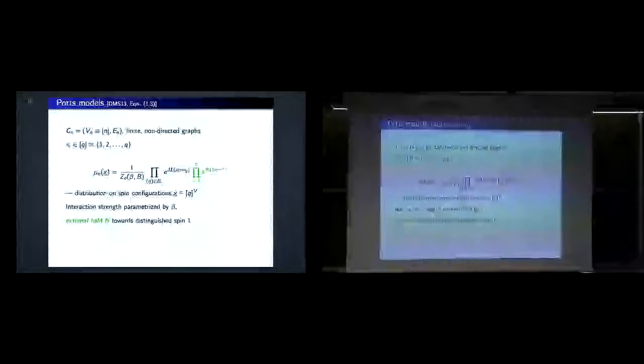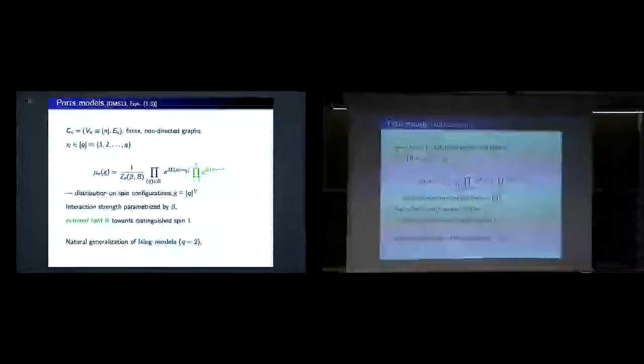Of course, I can do a permutation, changing 1 to 2 and so on, so that one is distinguished. As I mentioned, taking q equal to 2, up to some changes of constants, it is the same as the Ising measure. Ising corresponds to Potts with q equal 2.